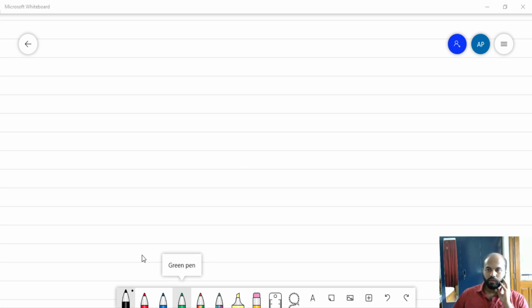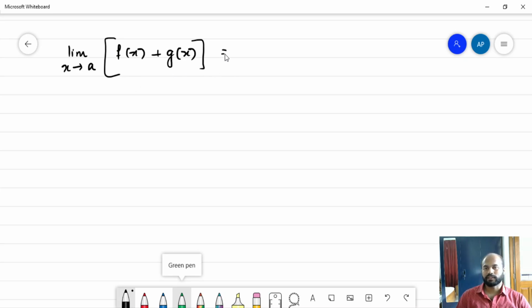Now there are some rules of limits that we have to understand first before going to the next problem. The first rule is, let's say we got two functions, f of x and g of x. These are the two functions and we have to apply the limit to this. So what we can do is individually apply the limit to both these functions and then we can solve this problem.